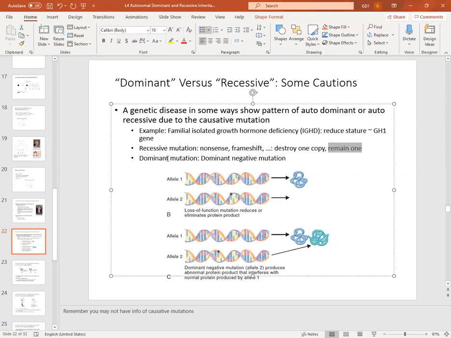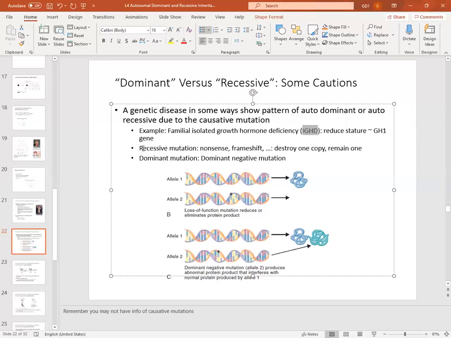Even in one gene we have different types of mutation, and due to the effect of the mutation, we can say that the gene is recessive or dominant related to the phenotype.